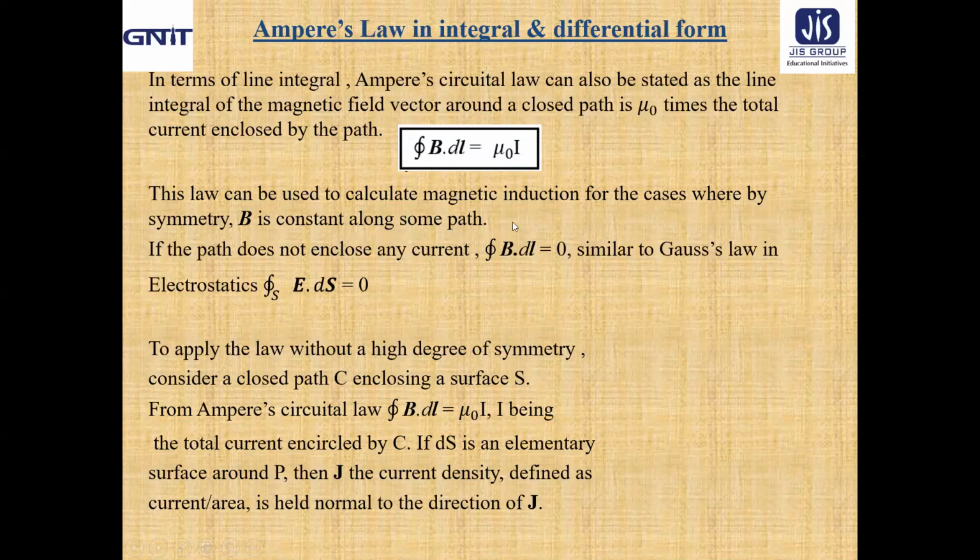I think all of you can remember in electrostatics, we mentioned that Gauss's law is also used in the same cases whereby symmetry you can get the surface integral of the electric field, and from there you can find out the electric field itself, but provided the system gives you some symmetry.